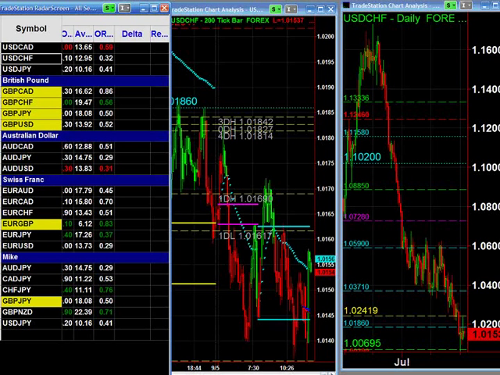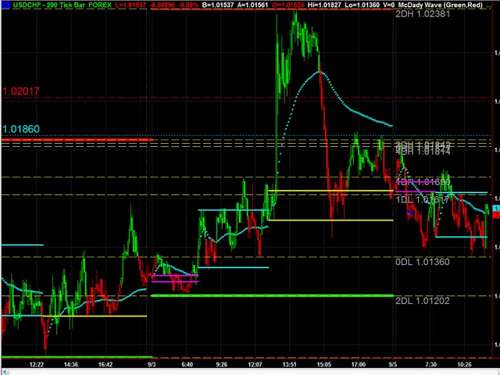And as you can see here, these are from yesterday, from Friday, if you will. There is no real movement in the dollar Swiss. It's moving in a very tight sideways pattern.